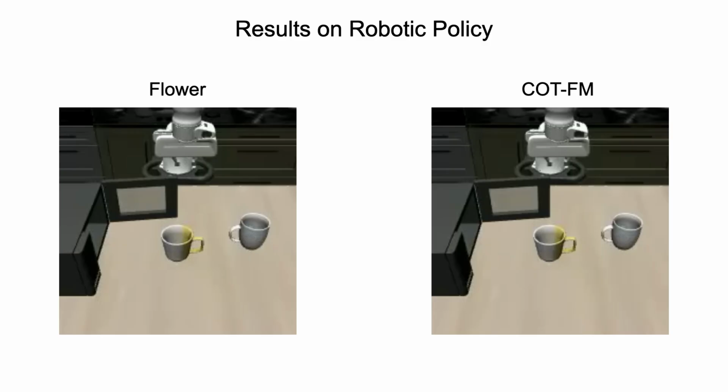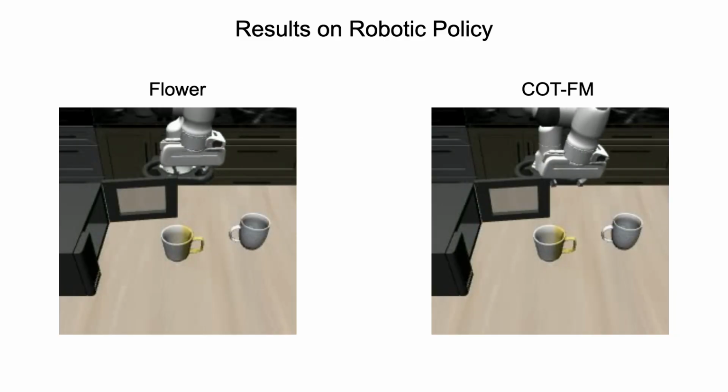We also tested COT-FM on LIBERO, a standard manipulation benchmark in robotics. Here, flow matching models learn the action policy. Given a visual observation, it generates an action sequence. On the left is FLOWER, a recent flow-based policy. On the right is our COT-FM on the same task, using only a one-step ODE.